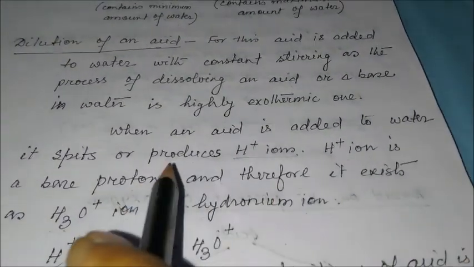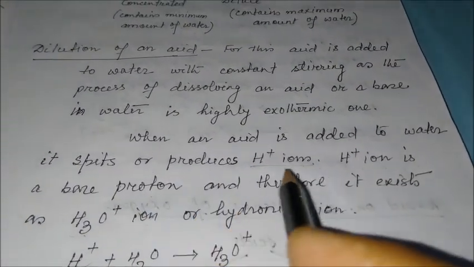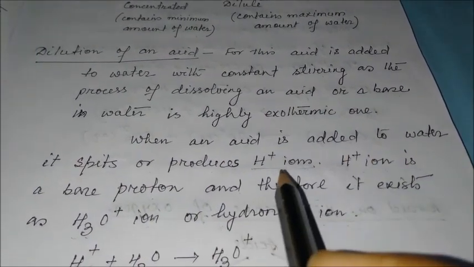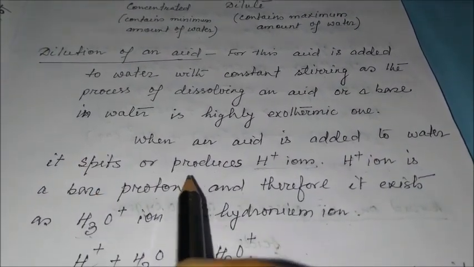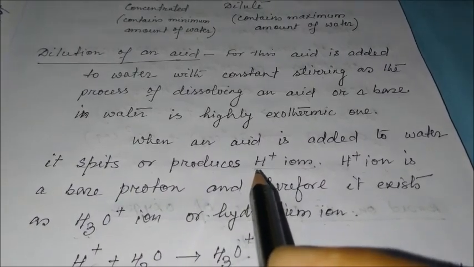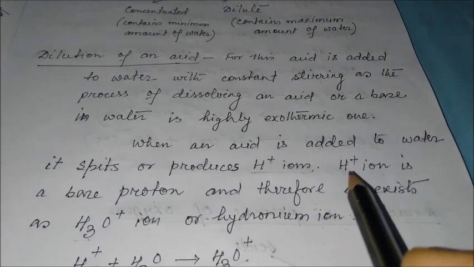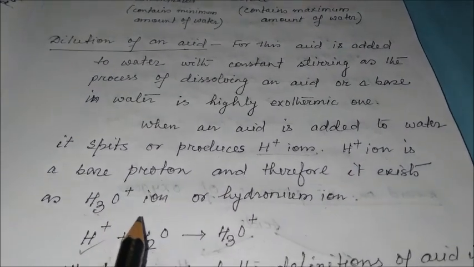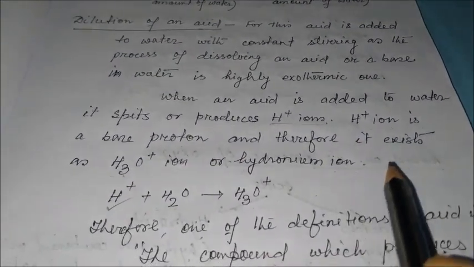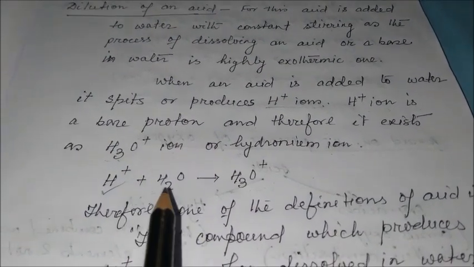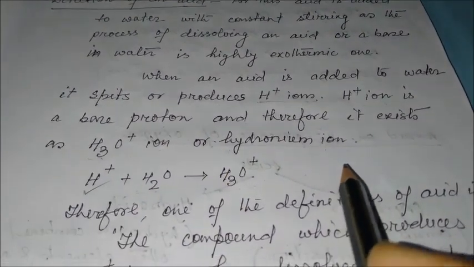Now, what happens when an acid is added to water? When an acid is added to water, it splits or produces H plus or H positive ions. This H plus or H positive ion is a bare proton and therefore it exists as H3O positive or hydronium ion.